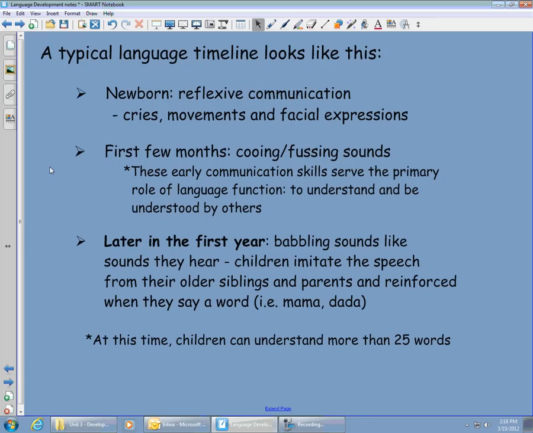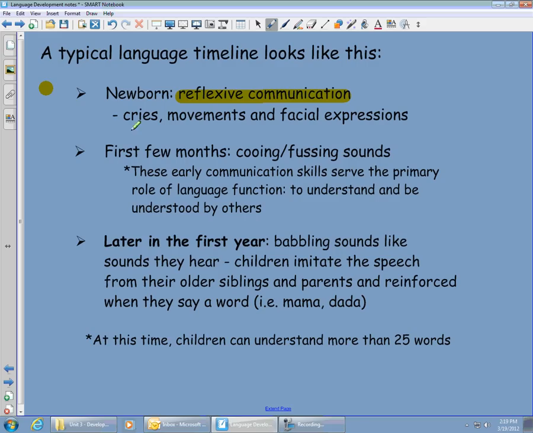So when we look at how language develops over time, newborns, it says here, are very reflexive in their communication. So anybody that is finished with their development timeline should not be surprised. Most of what newborns are doing is reflexive. They don't do a whole lot that's not built in and pre-wired.